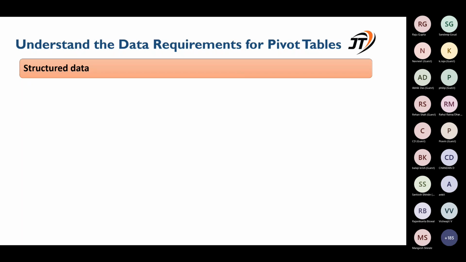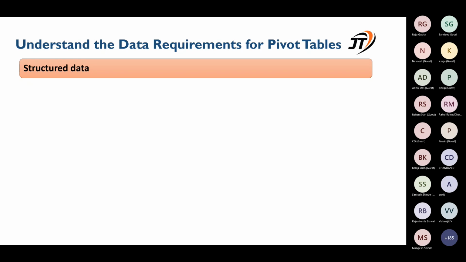We will have to structure it in a way that there are no blank columns. Blank rows are okay, it will still create the pivot table, but for an effective pivot table, it would be a good idea to remove the blank rows as well.